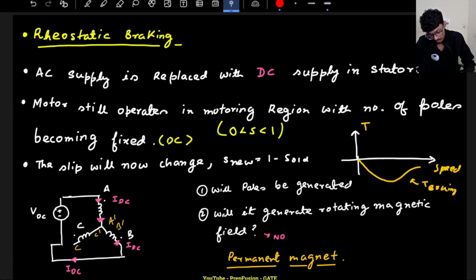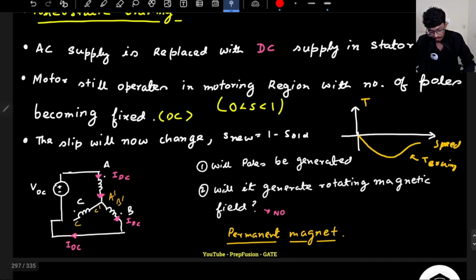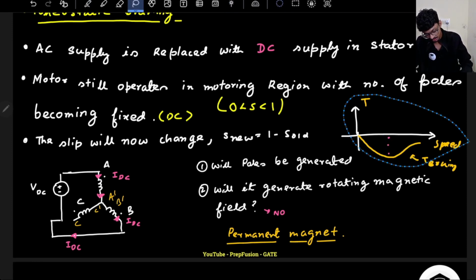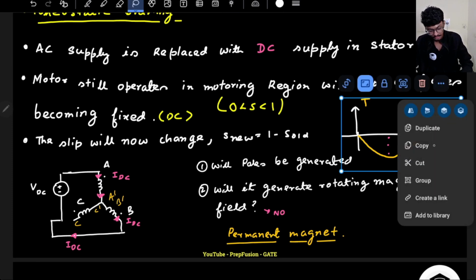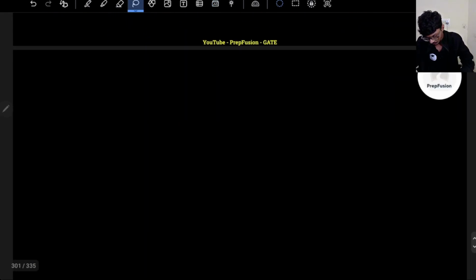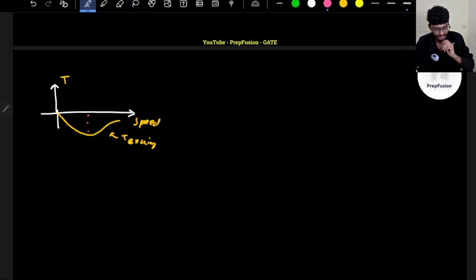So again, can you tell me what will be the point of maximum braking torque? Do you remember the condition, the slip at maximum braking torque? So basically, I have to find out the slip at maximum braking torque.